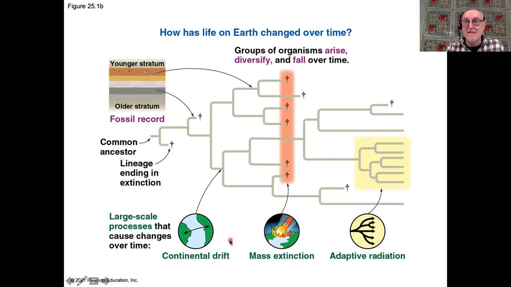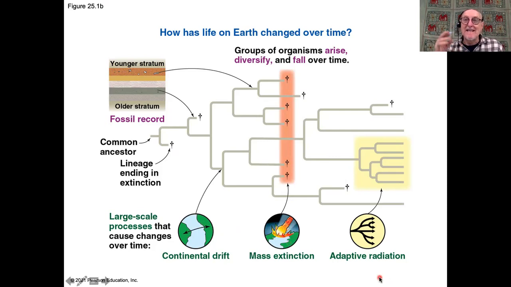So these are the three major processes that we see driving macroevolution. The first is continental drift, these huge geological changes. The second, processes of mass extinction. We know of at least 5 in the history of the world.